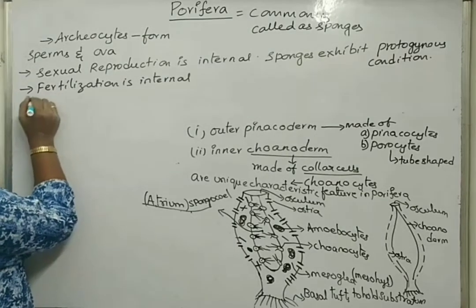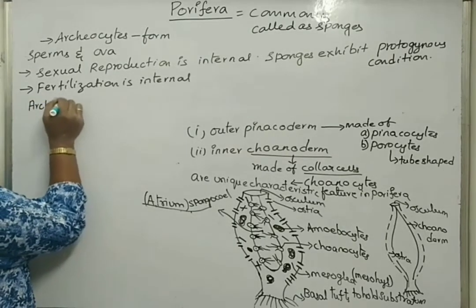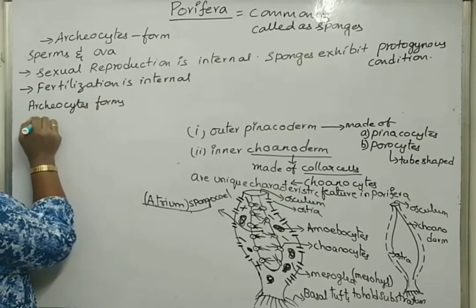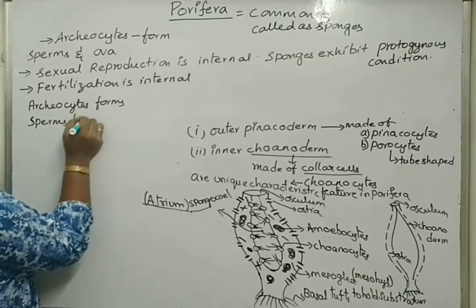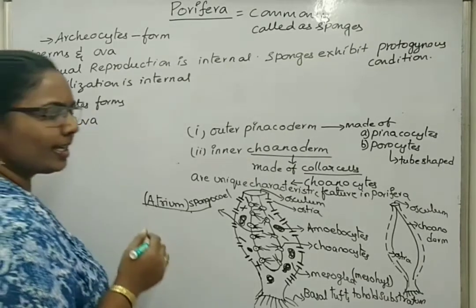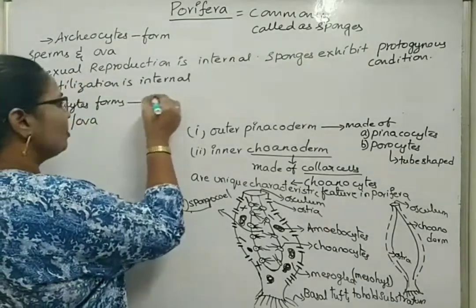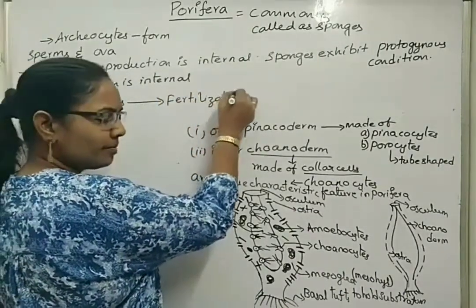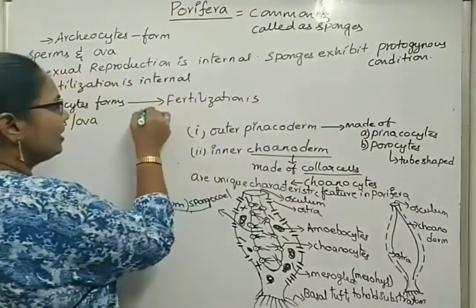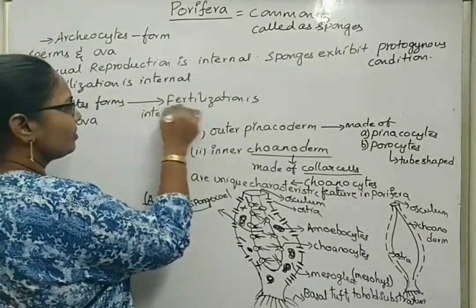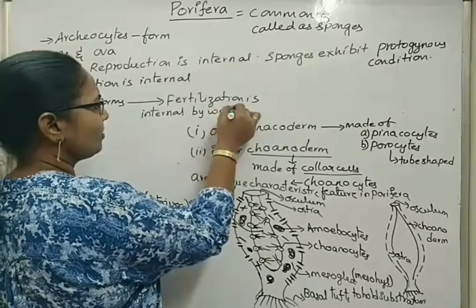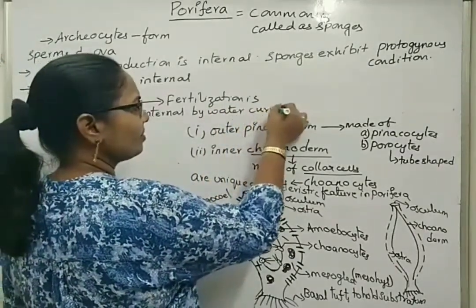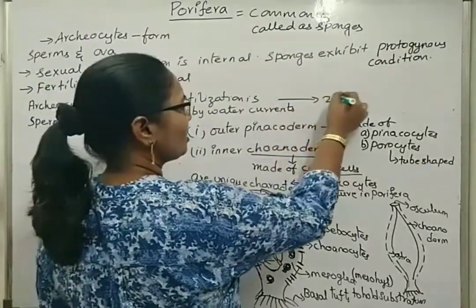When archaeocytes form sperms and ova, they are exchanged between two sponges. Fertilization is internal by water currents. We know that there is a water canal system. So it forms a zygote.